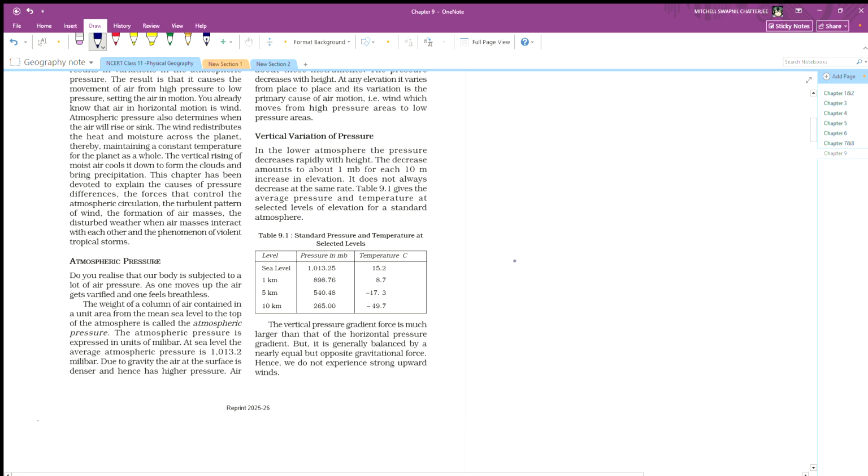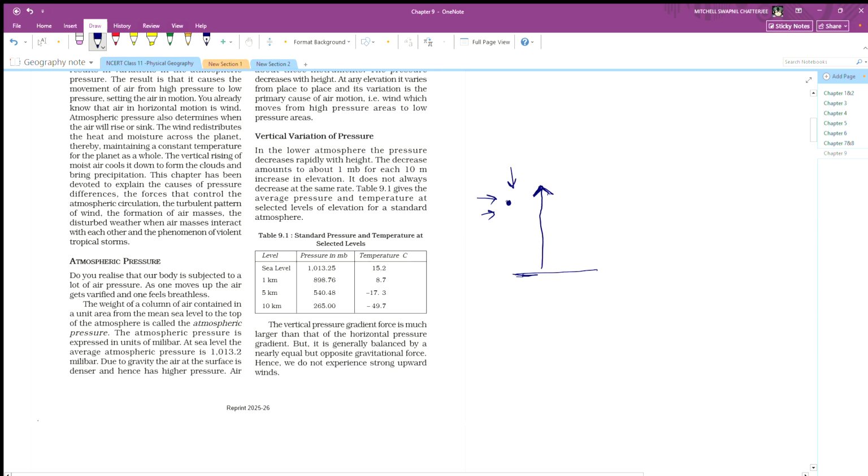Basically, we are taking sea level as a base. Like this is the sea level, and as we go up, we'll get some kind of pressure. The weight of the column of air contained in a unit area from the mean sea level to the top of the atmosphere is called atmospheric pressure.